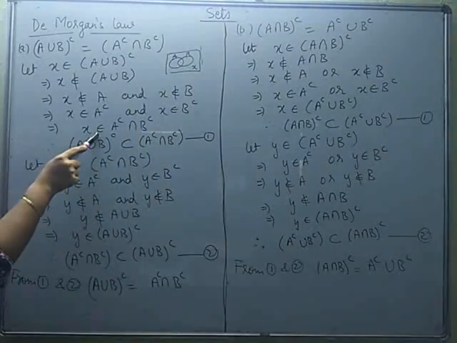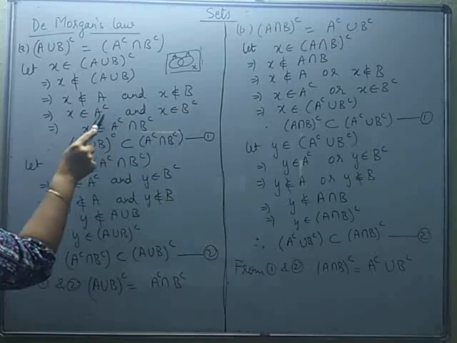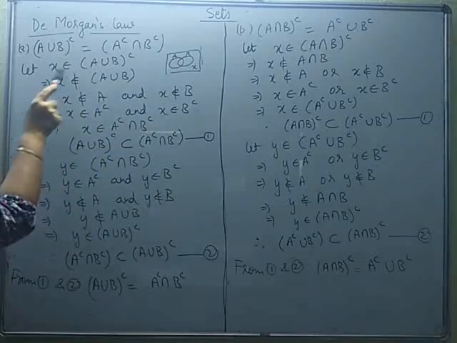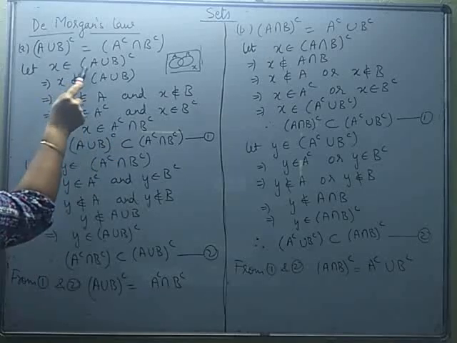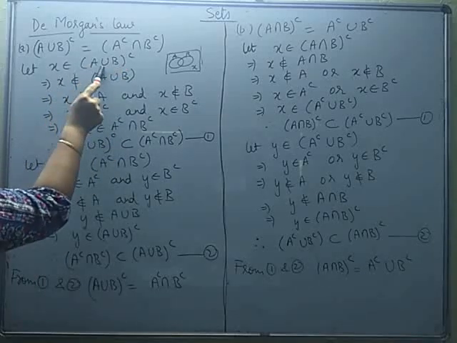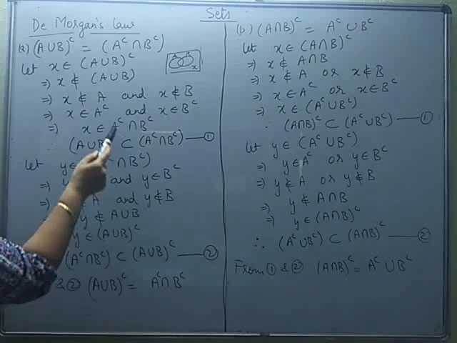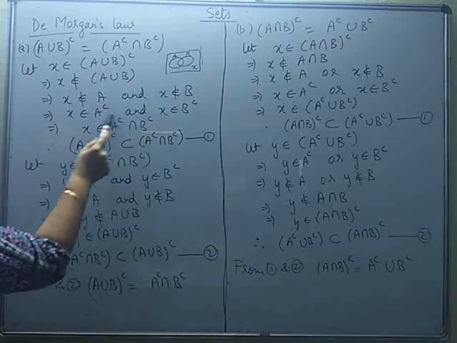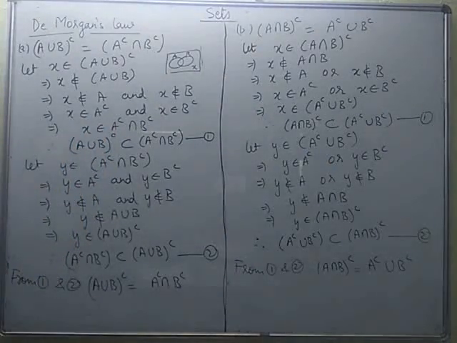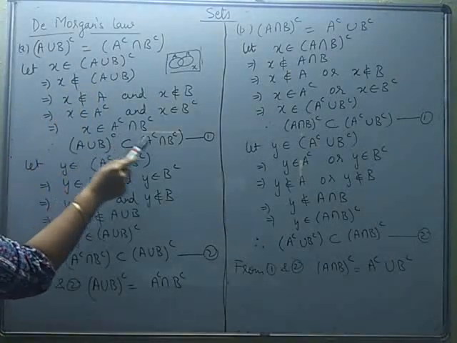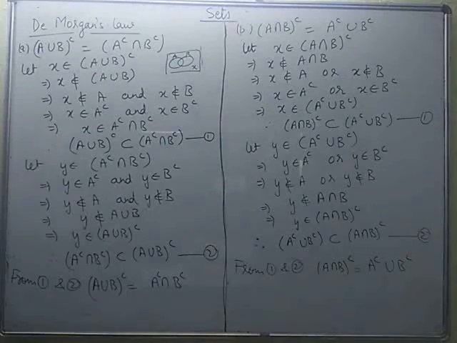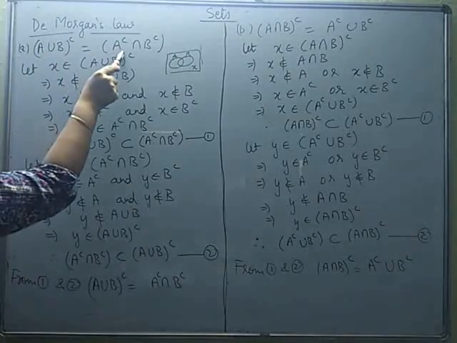So therefore X will belong to the intersection of these two sets. Now you see we started from here and we are ending in this set. So X was initially an element of the complement of A union B. Now it is an element of A complement intersection B complement. So we can say the complement of A union B is a subset of A complement intersection B complement. That means we have shown this is a subset of this set.